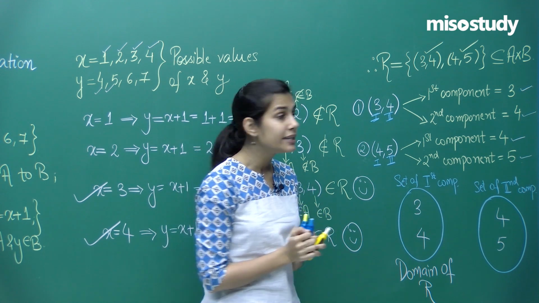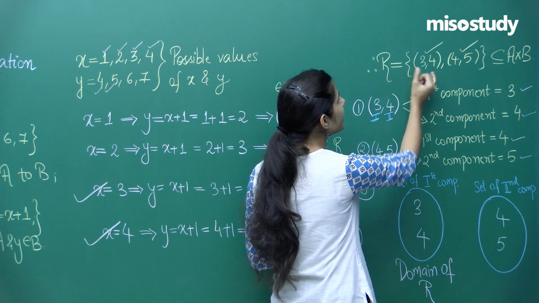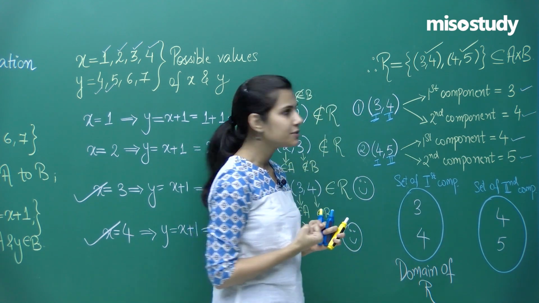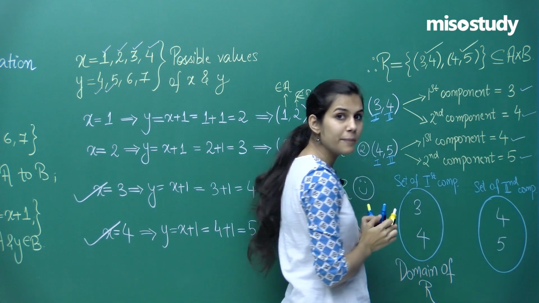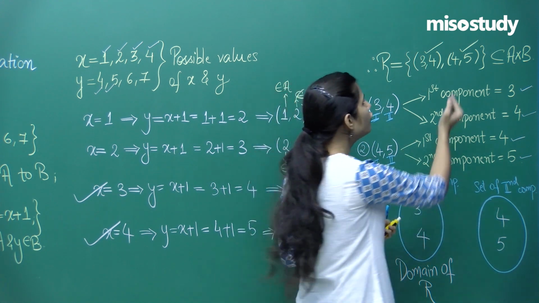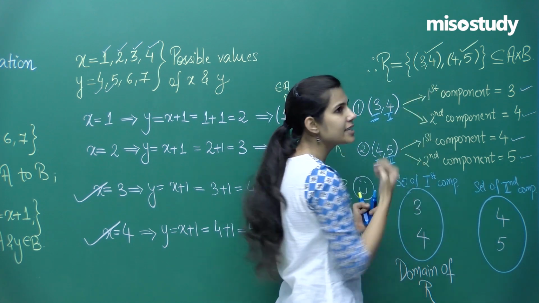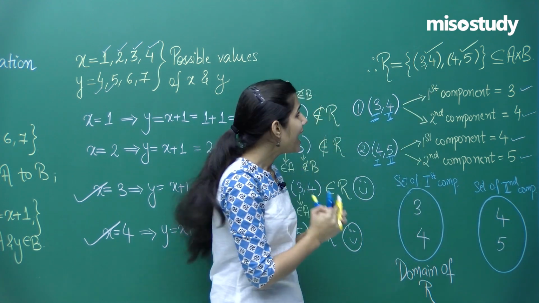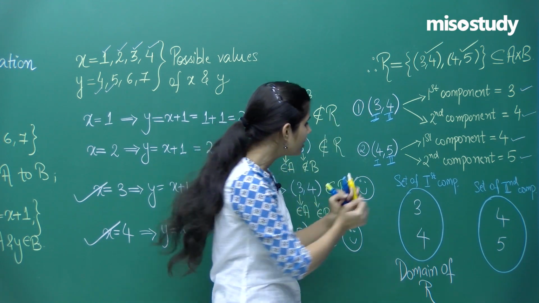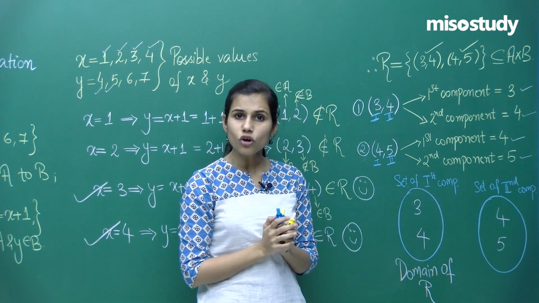That is what we did. We looked at the first ordered pair. The first component was 3. We just collected it. Moving to the next ordered pair, what was the first component which made that ordered pair? 4 was the first component. We selected that also. And now that we have the first components of all the ordered pairs inside R, we made a set of all those first components.